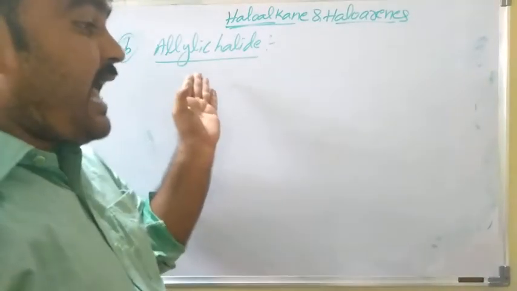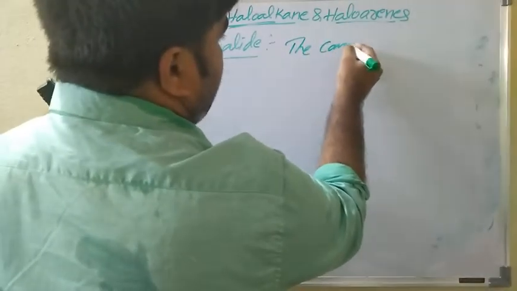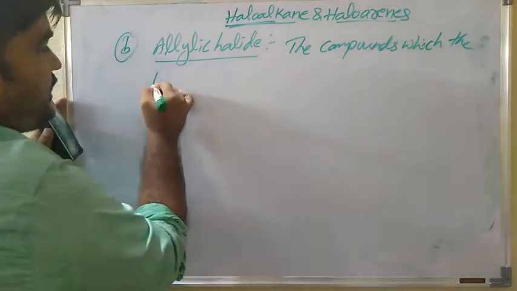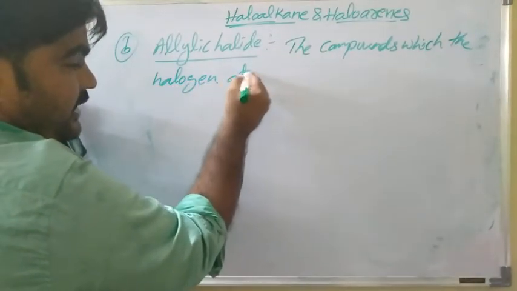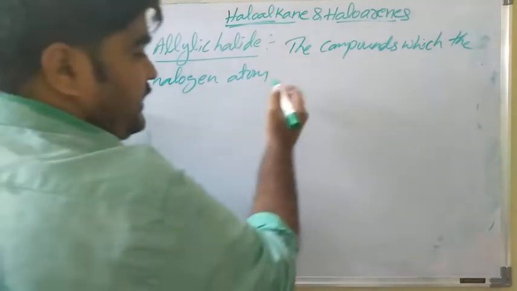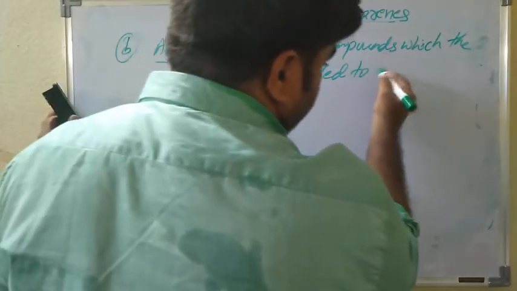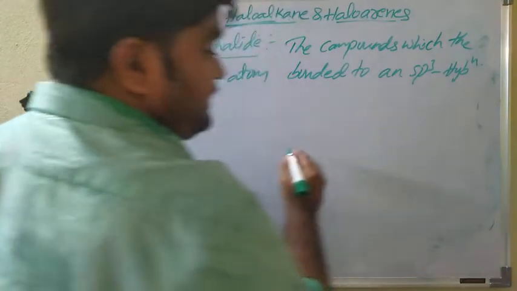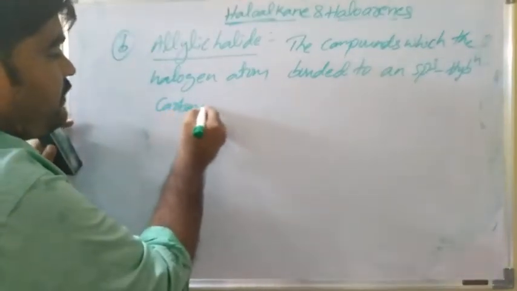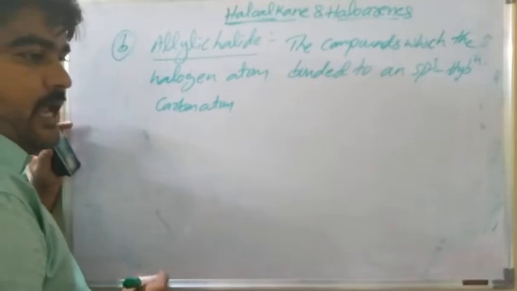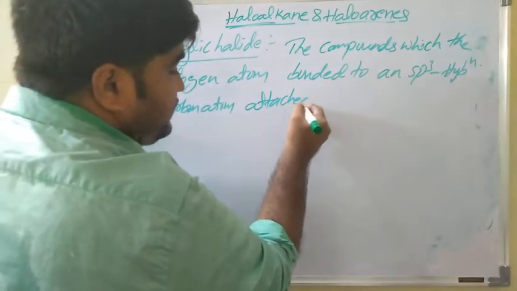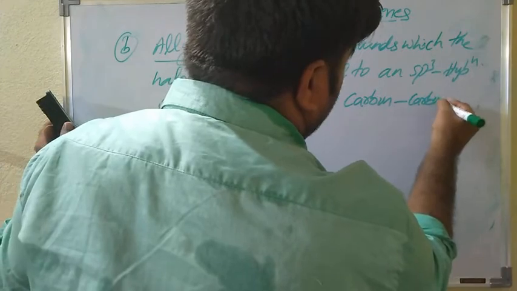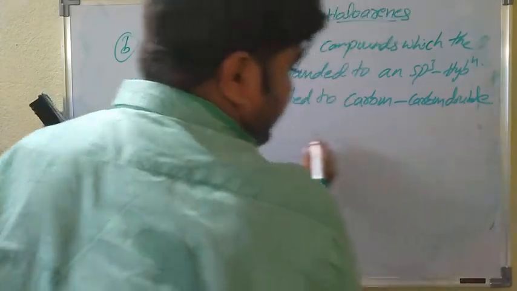The compounds in which the halogen atom is bonded to an sp3 hybridized carbon atom, and attached to carbon double bond.